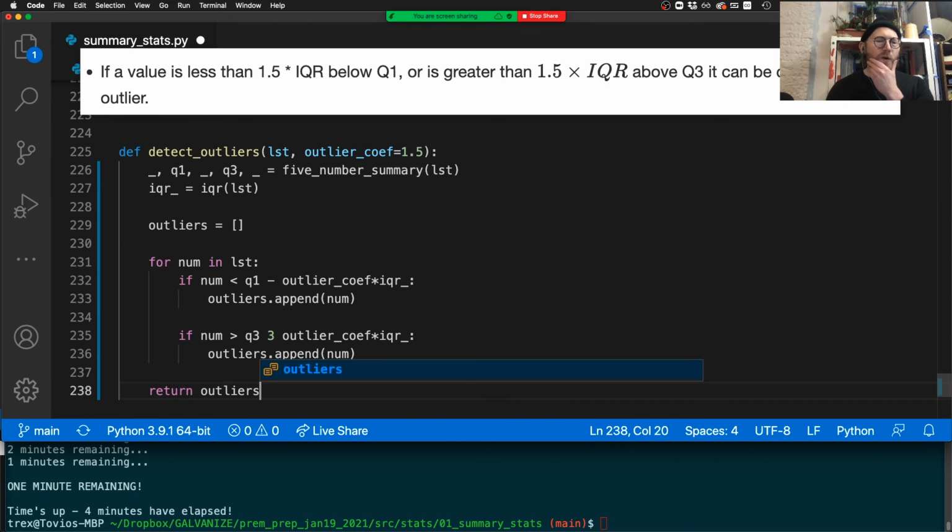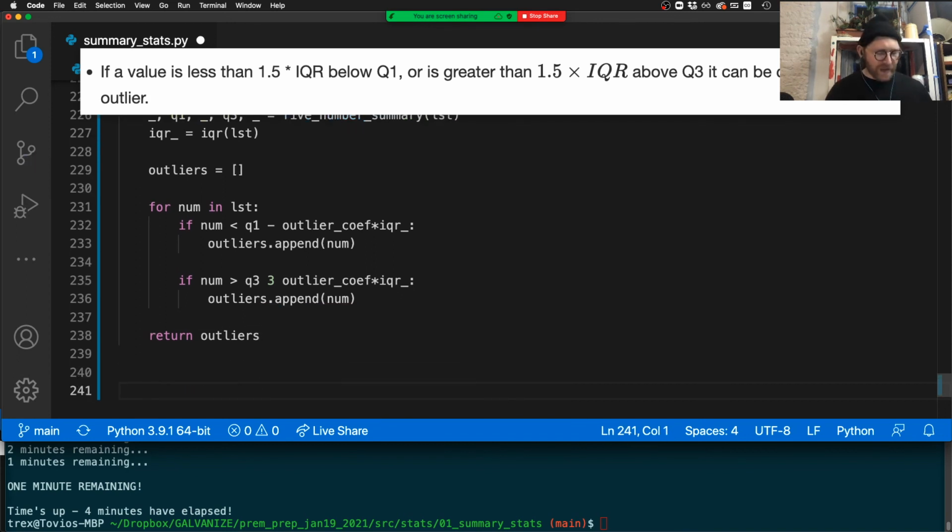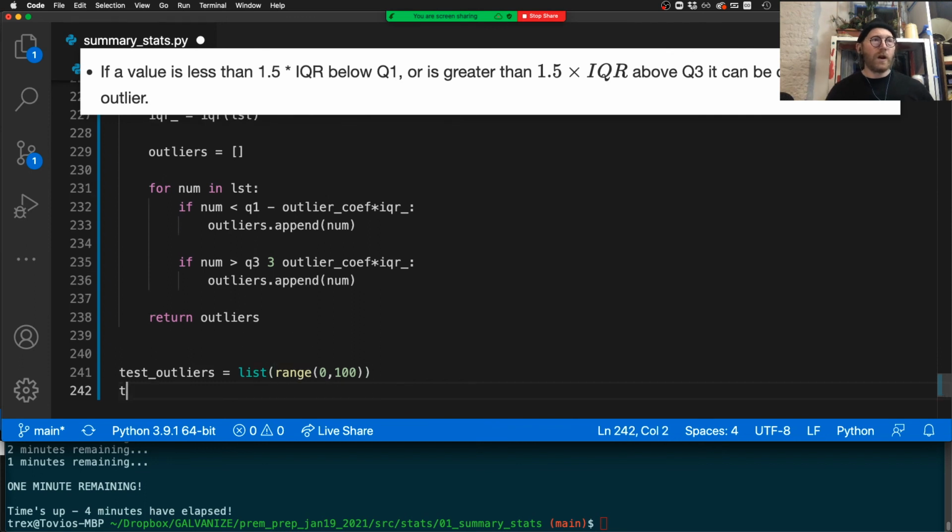Okay, so let's test this. Let's think about where we get to with this. I'm going to make a list of a range of numbers from 0 to 100. And I am then going to append something that is obviously an outlier. How about 10 million? How about that?